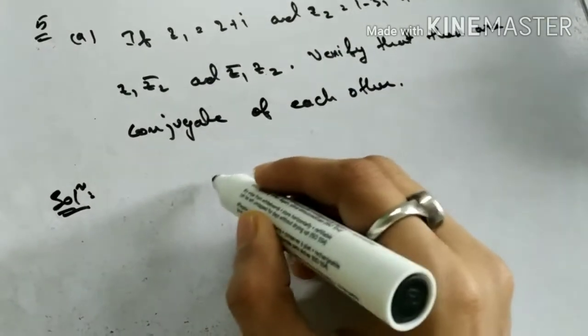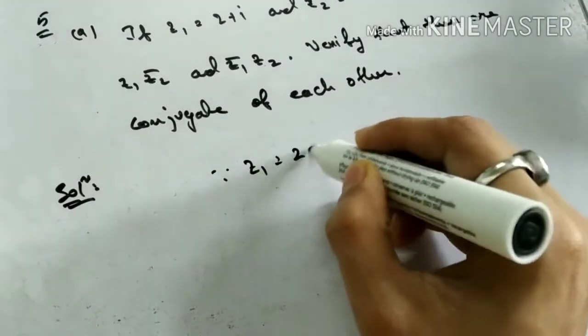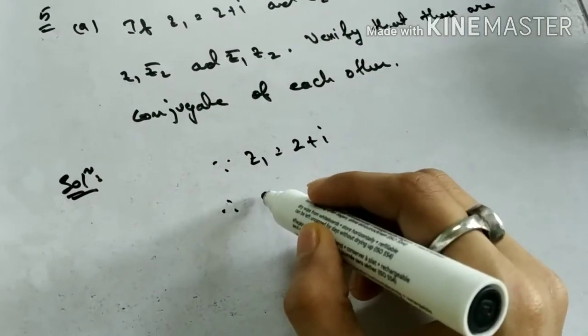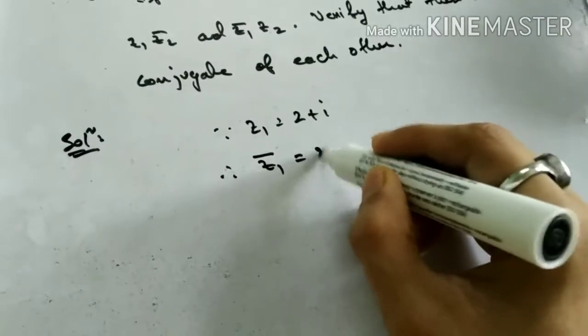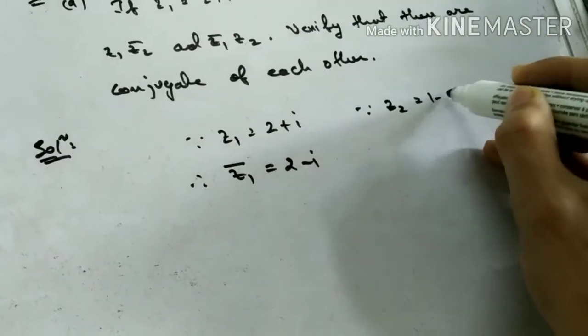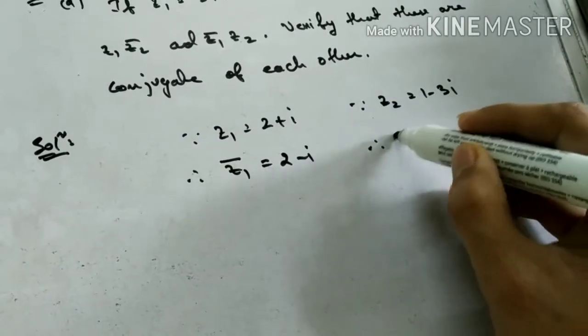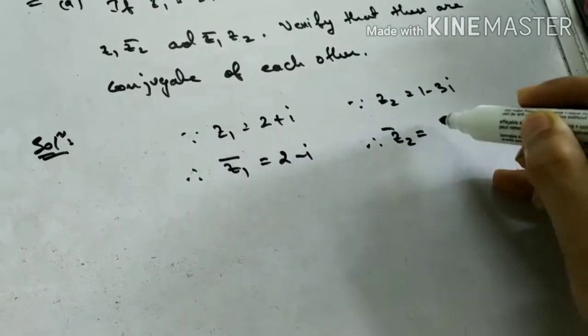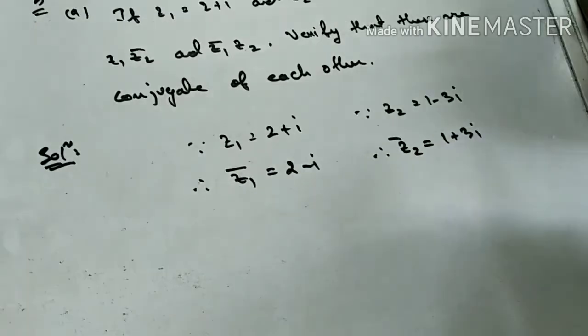So since Z1 is equals to 2 plus i, therefore Z1 bar will become 2 minus i. And since Z2 is equals to 1 minus 3i, therefore Z2 bar is equals to 1 plus 3i.